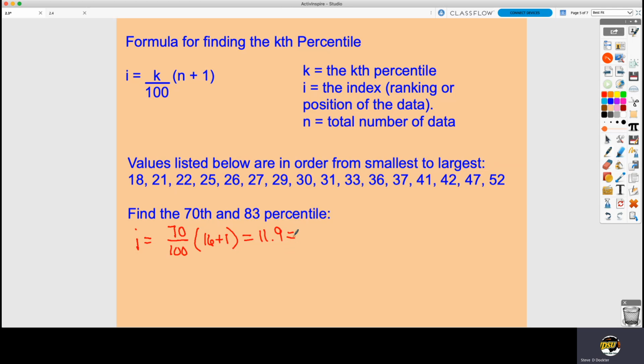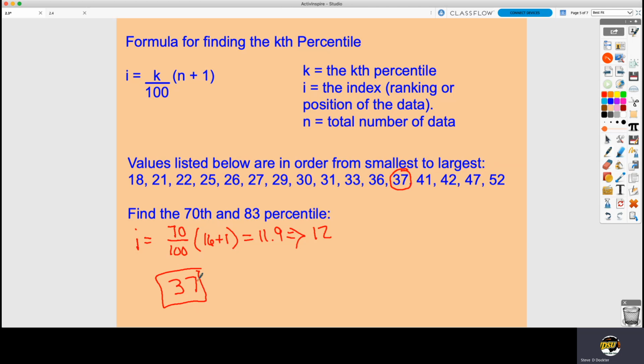So this 11.9 is going to turn into a 12. What that means is we're going to count up our list until we get to the 12th number. There's our 12th number. So our answer for the 70th percentile is 37.